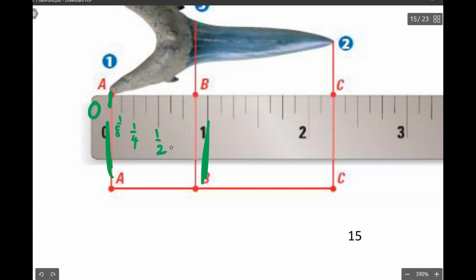So this goes by 1/8: 1/8, 1/4, 3/8, a half, 5/8, 3/4, 7/8, and then 1. I'm going by eighths because 2/8 is the same as 1/4. So this is at 0, this is at 7/8, and then over here this is 2, this is 2.5, so this would be 2 and 1/4.